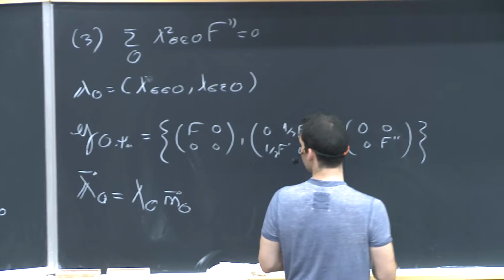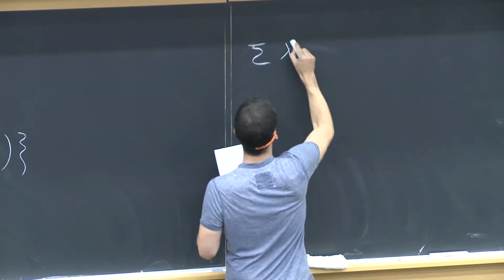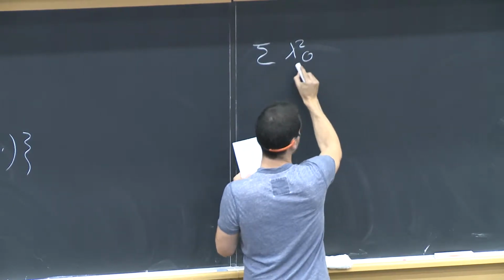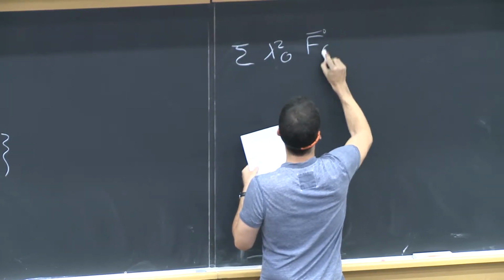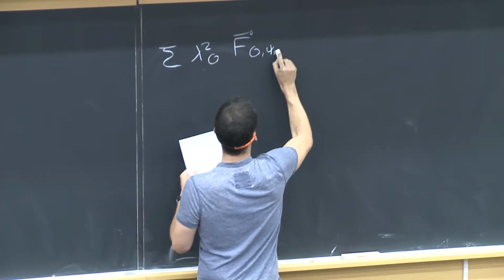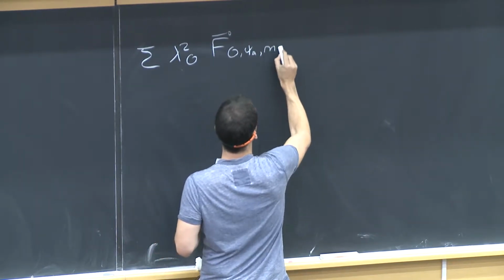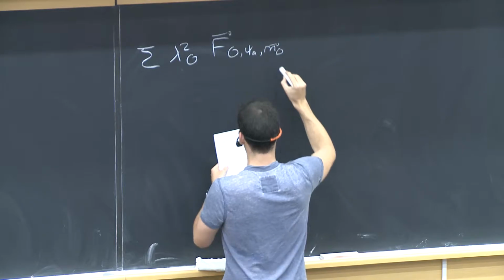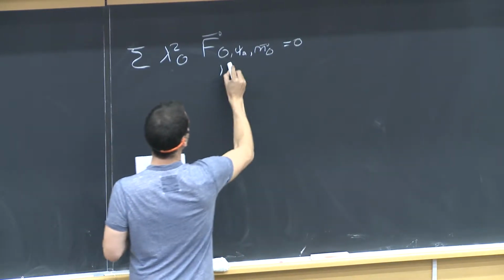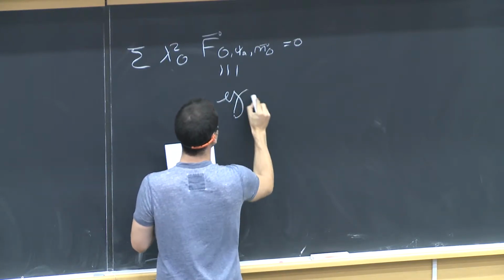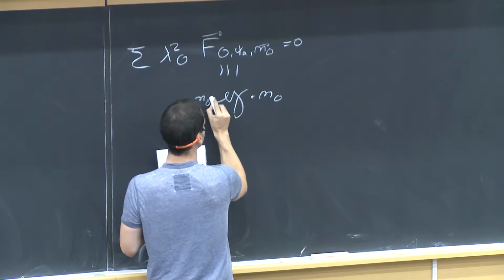If I do this, then the equations I get now look like lambda squared O, where this is a number, right? And then I get some F's, which depend on O, psi A, and they depend on a new set of quantum numbers, if you want, which is this N O. Where this, by definition, is simply the G matrix contracted with N on both sides.